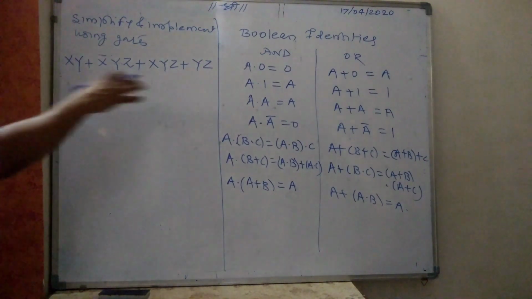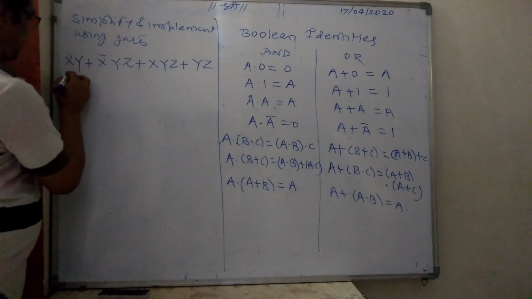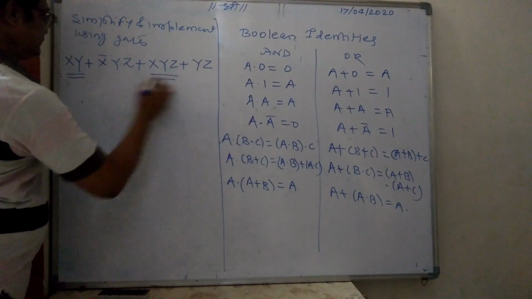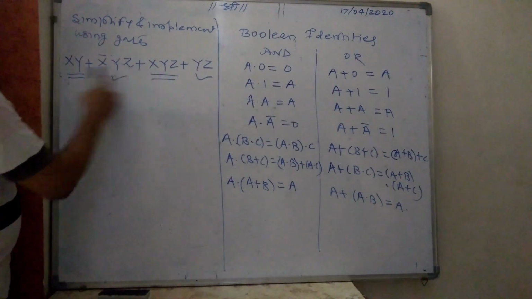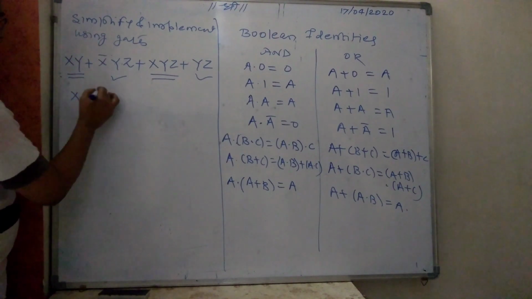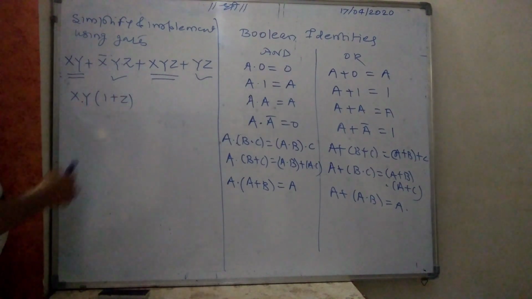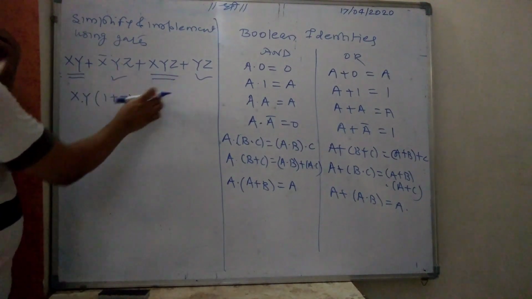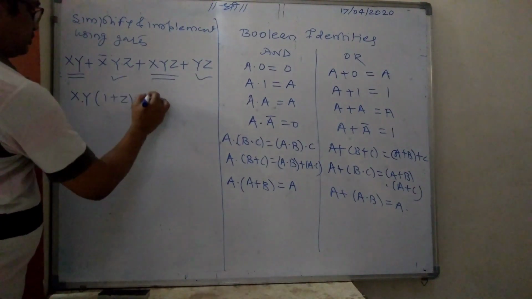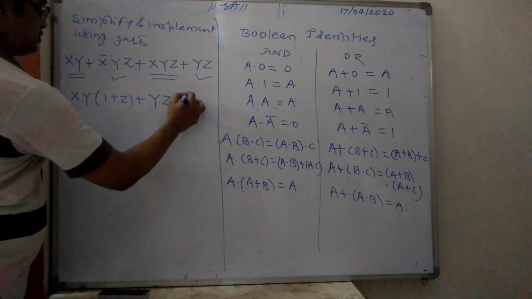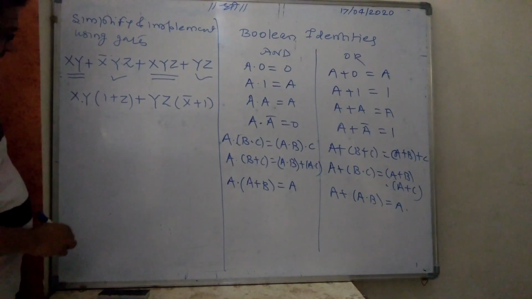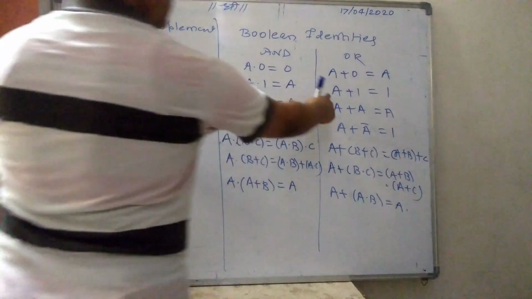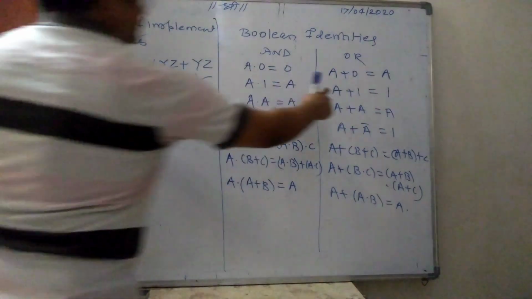So now we have to simplify this equation using Boolean identities. I will combine these terms and then these two terms. These two terms: xy(1 plus z), and these two terms: yz(x bar plus 1). xy(1 plus z): 1 plus z is equal to 1, by this identity.